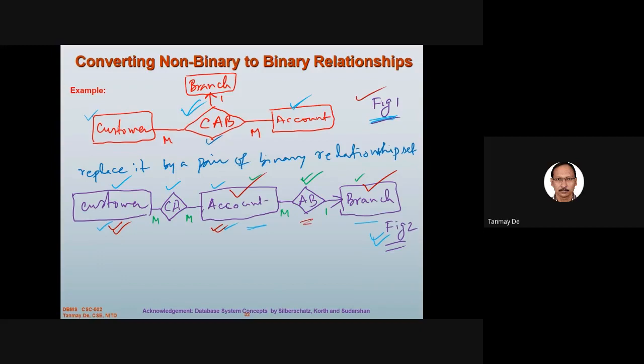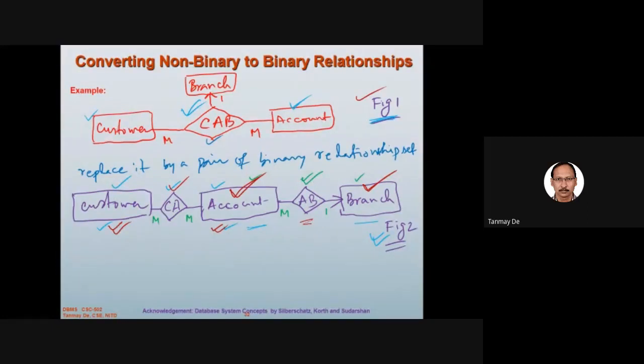There may be some account in a particular branch, but that account is not associated with any customer. Similarly, the customer has accounts by the relationship CA, any number of accounts or a single account, but it is possible that the account or customer is not connected with any branch.